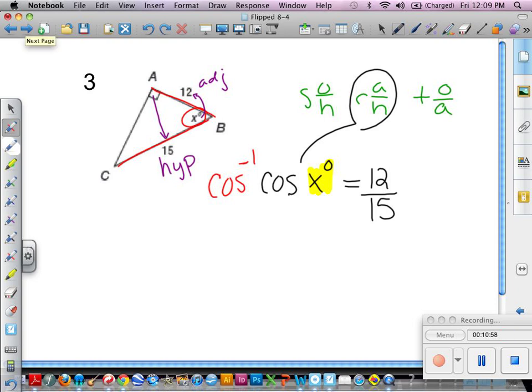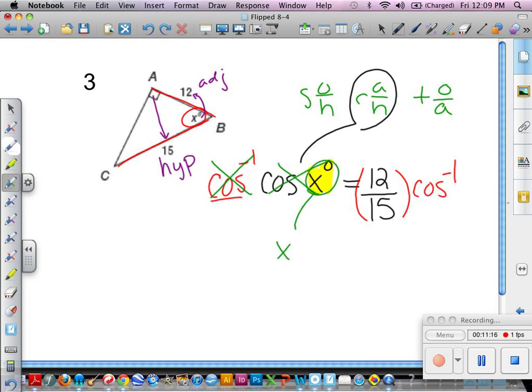You'll have to use your second button to get to cosine negative 1. So if I write it on this side, I also have to write it on this side. These are going to cancel each other out. I still have my x. I'm looking for it in degrees. I have cosine negative 1, and then I have 12 over 15.